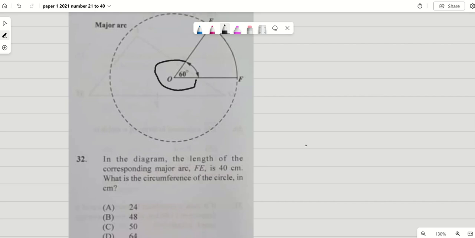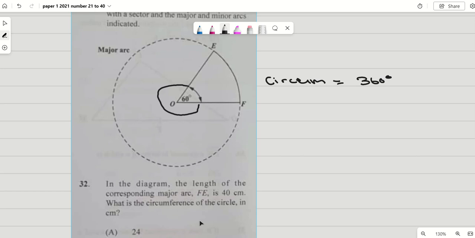So we know that your circumference is equal to 360 degrees. Then they ask, what is the circumference of the circle? How much is FE in degrees? If from E to F is 60, then the remaining major arc would be 360 minus 60, which equals 300.